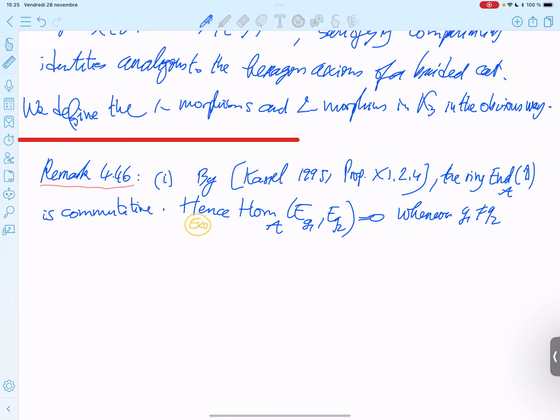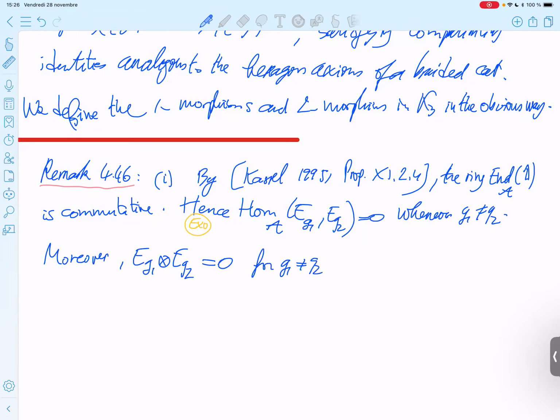And in addition, the tensor product of two distinct components is 0. G1 tensor G2 is equal to 0 for G1 different from G2.